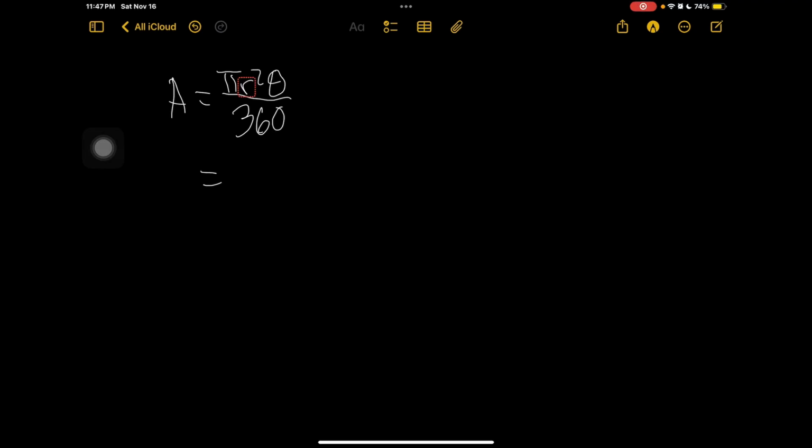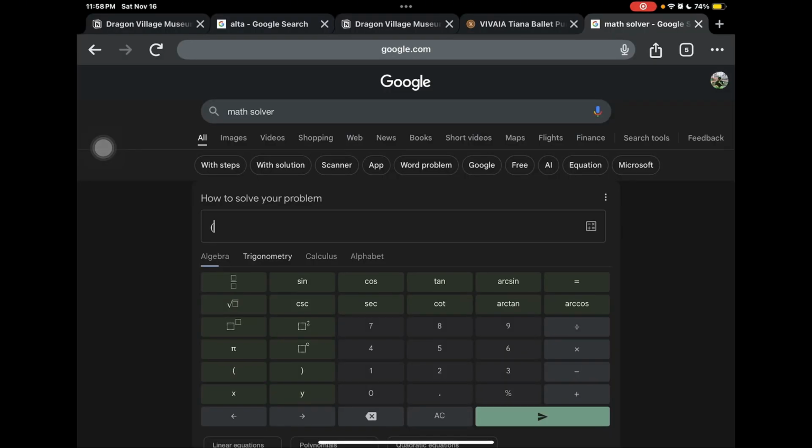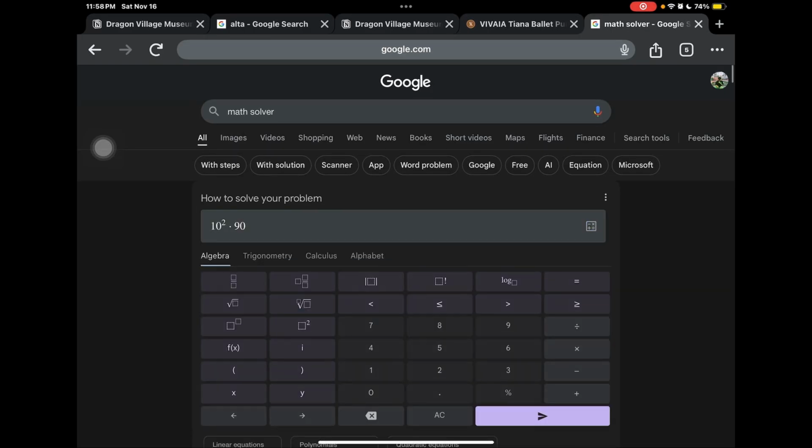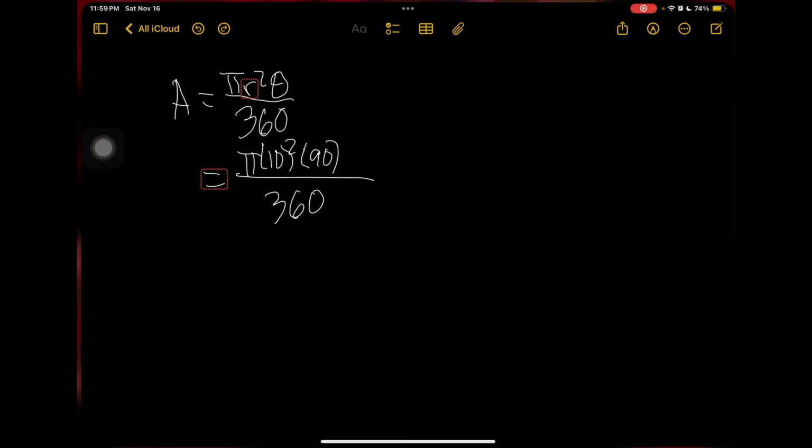So pi, so our r is 10 squared multiplied by 90 degrees over 360. So 10 squared multiplied by 90 is 9,000 divided by 360 is equal to 25.